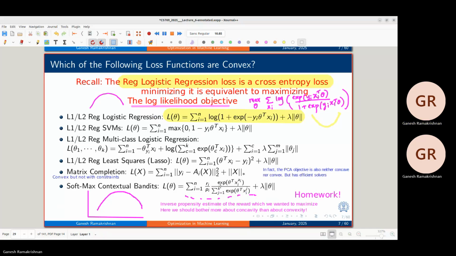Maximizing. So would concavity help more than convexity? Obviously, yes, right? That doesn't mean we'll prove it to be concave, but it's some food for thought, and that's why I've drawn a parallel with regularized logistic regression. So think about it. Okay, we'll need to move on. Think about this last part.